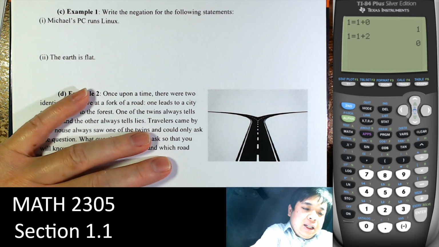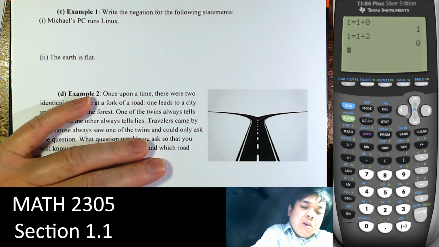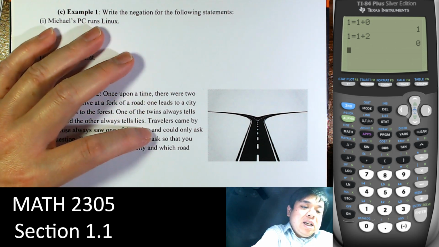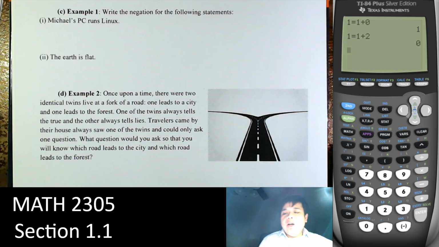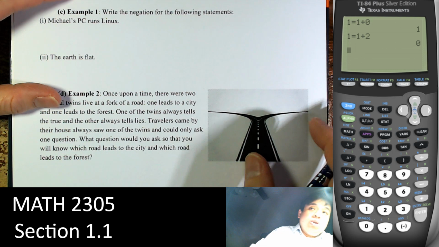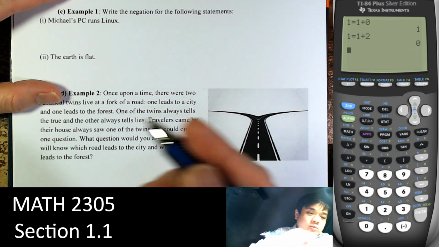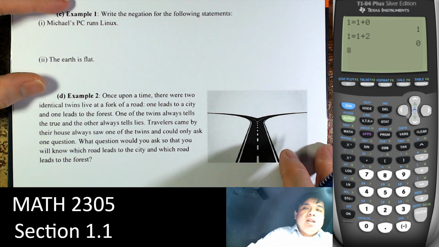Now, let's see how it works. Write the negation of the following statement. Michael's PC runs Linux. If we want to turn that into a negation, all we do is just throw the word not in, making the sentence the opposite value.